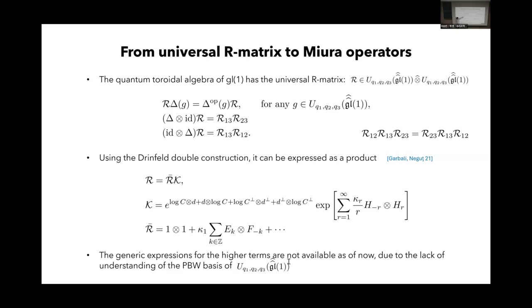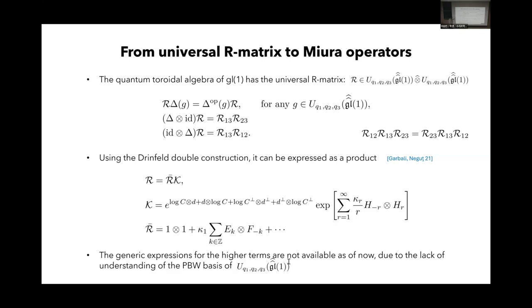It is an object that's valued in the tensor product of two quantum toroidal algebras, satisfying these three relations. But you can recognize the first equation is exactly the equation that I showed in the previous slide once I map to proper representations.